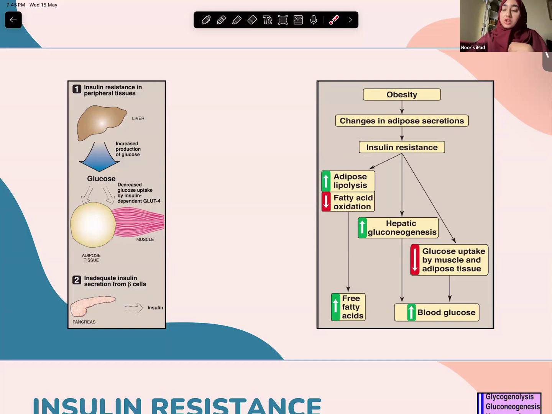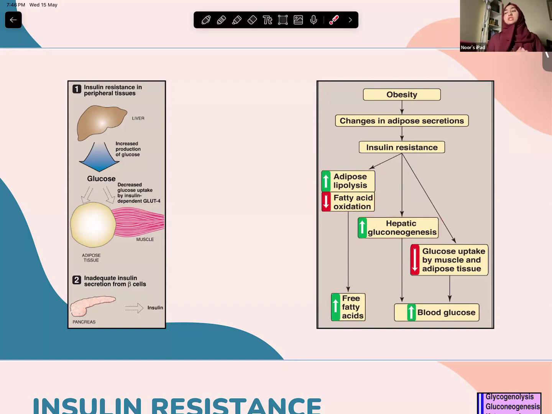Now talking about insulin resistance, it increases adipose lipolysis, which basically means breakdown of fats or lipids into free fatty acids in order to generate energy, and it decreases fatty acid oxidation. The result of these two is that there are increased free fatty acids in the body. It also increases hepatic gluconeogenesis.